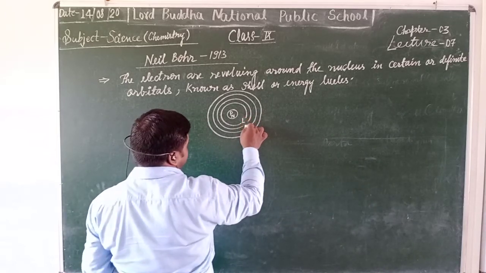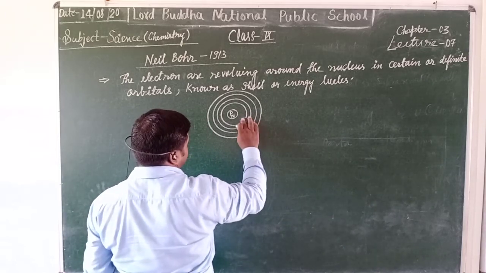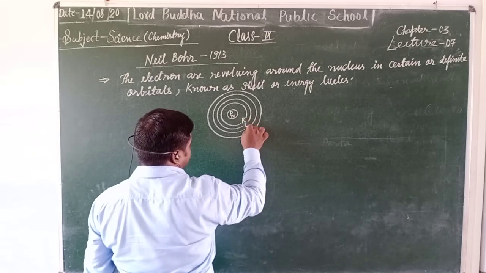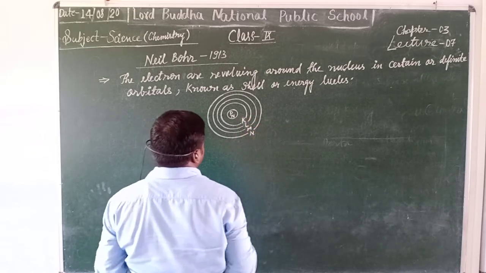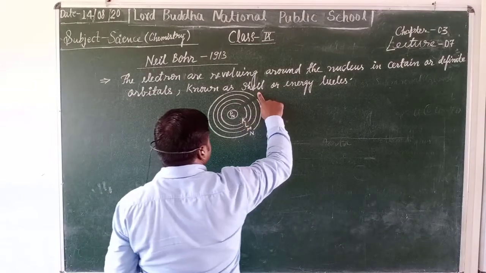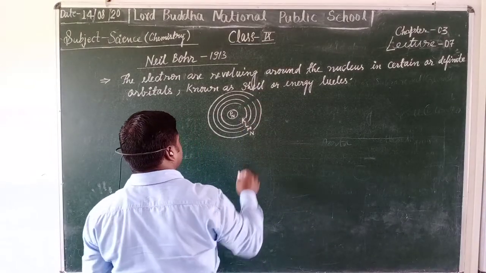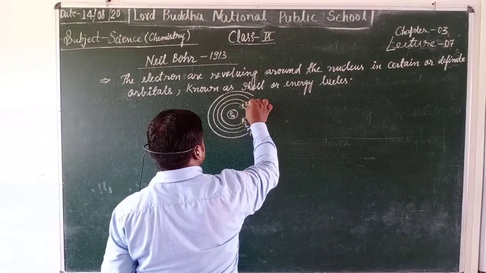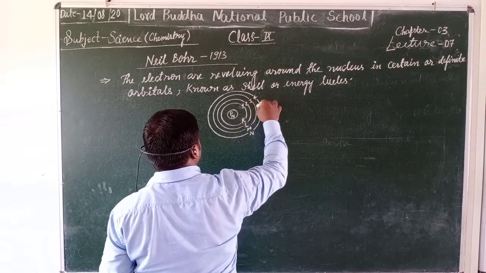This is the K shell, L shell, M shell, and N shell. Likewise, he also gave numbers to these shells: first, second, third, fourth, and many more.